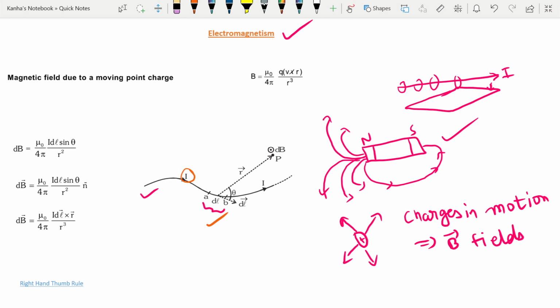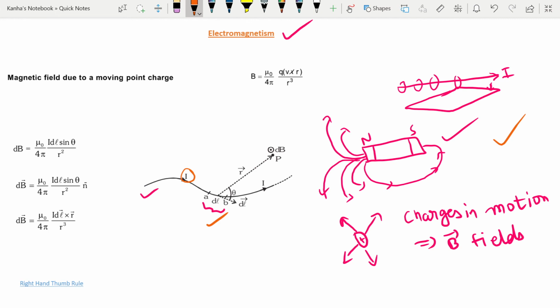This brings us to the first law, which is Biot-Savart's law. Whatever experimental results there were from Oersted's experiment, Biot and Savart arrived at some mathematical expressions that give the magnetic field at some point in space in terms of the current that produces the field.